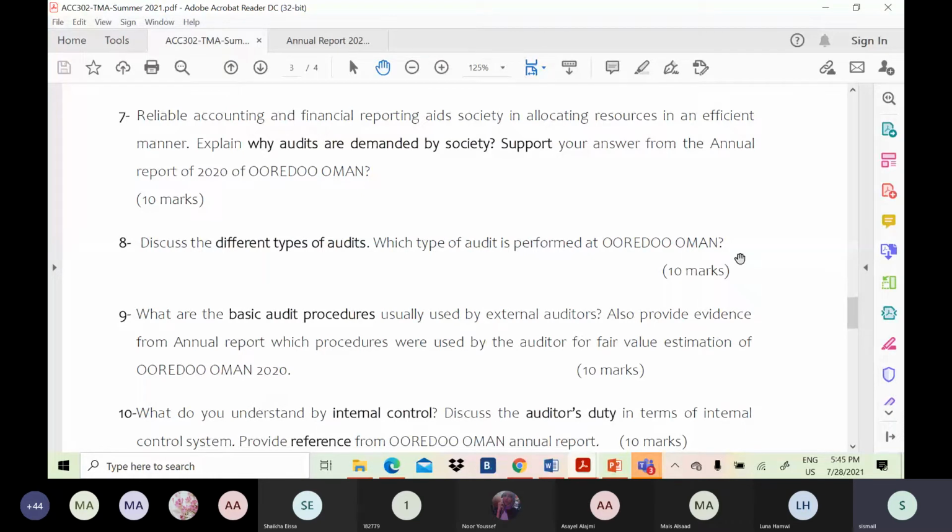You can add the two categories, the types of audits and the types of auditor. This is from the material. And then, which type of audit is performed at Ooredoo Oman? So you have to search and read the auditor report to see the auditing provided by PricewaterhouseCoopers, and which kind of audit it matches.